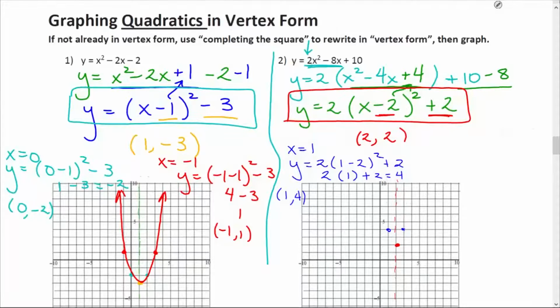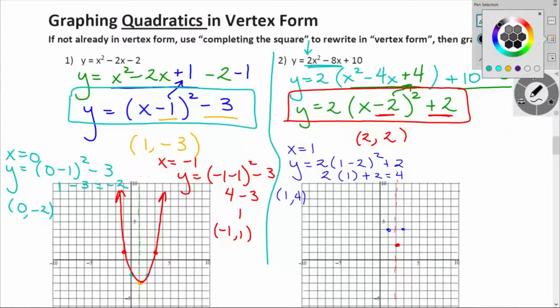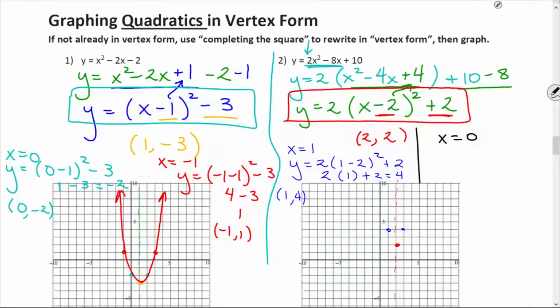Okay. Now, I will also plug in the point x equals 0. And let's see here, y is equal to 2 times 0 minus 2 squared plus 2. 0 minus 2 is negative 2. Negative 2 squared is positive 4. So we get 2 times positive 4 plus 2. 2 times 4 is 8, plus 2 is 10.